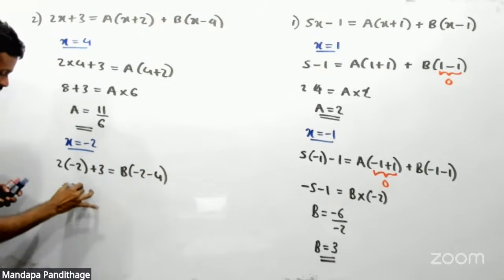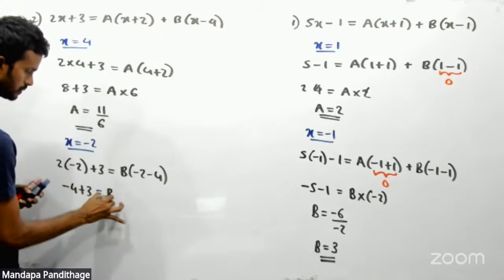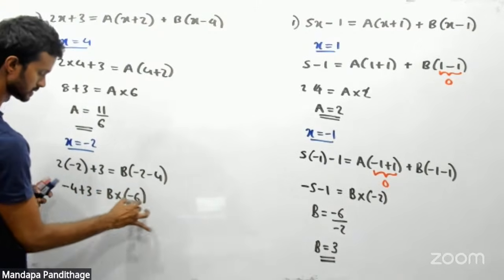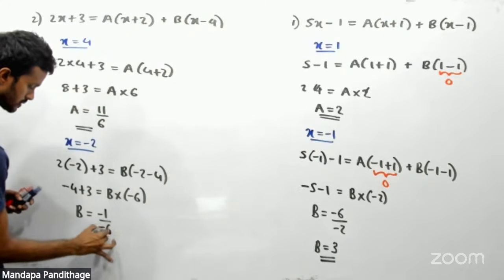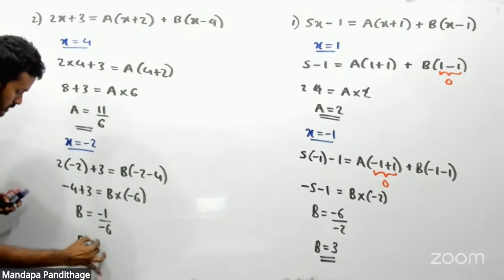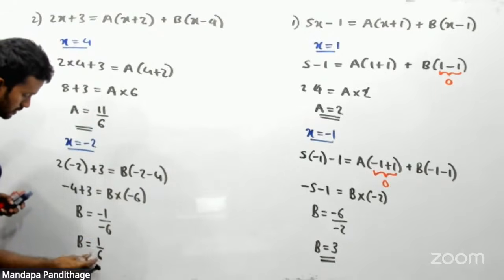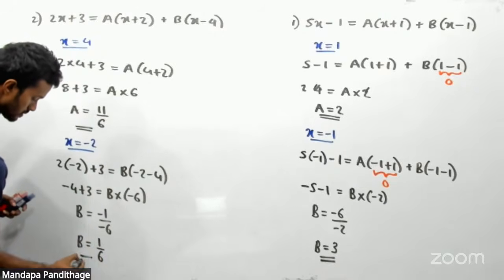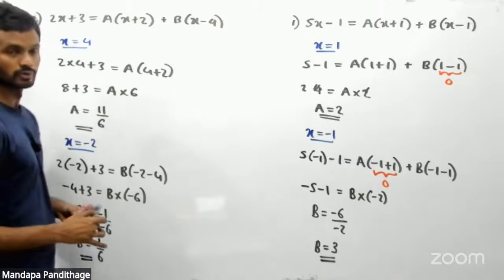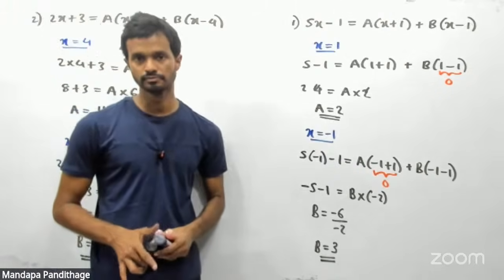So minus 4 plus 3 is equal to b into minus 6. So then I have b equals minus 1 over minus 6, which means b equals 1 over 6. So that is what you can do.